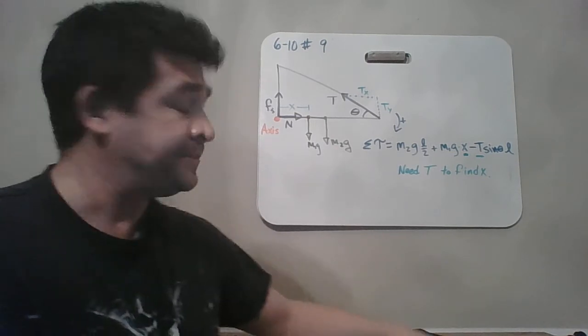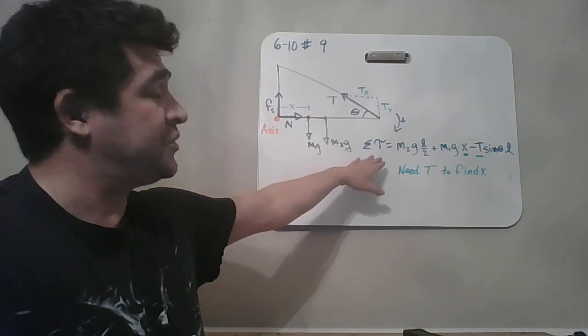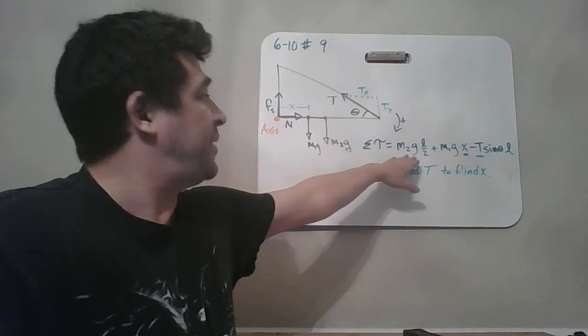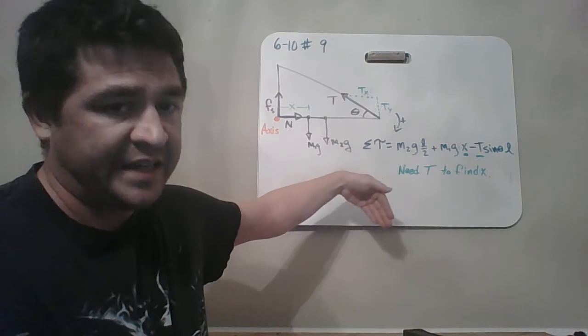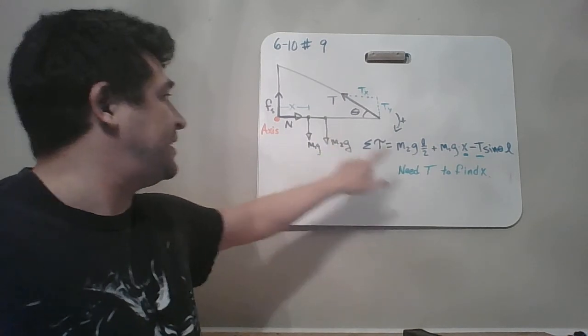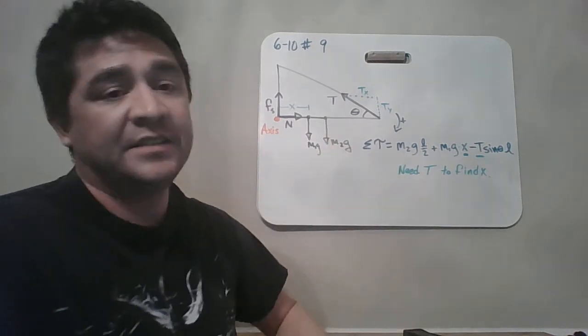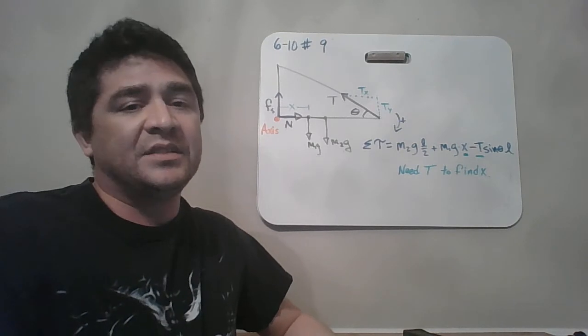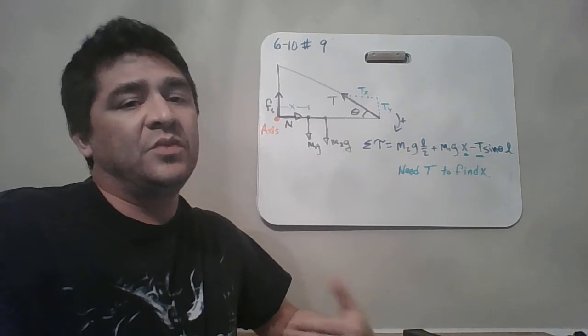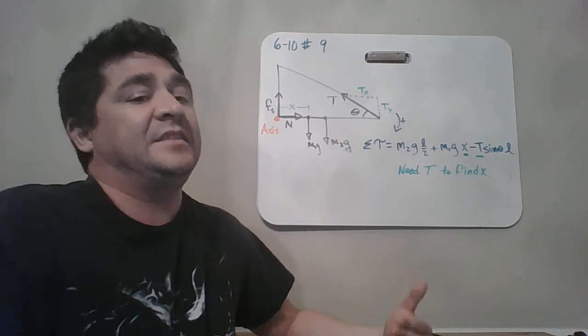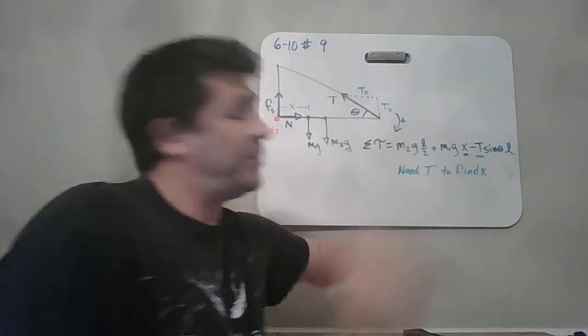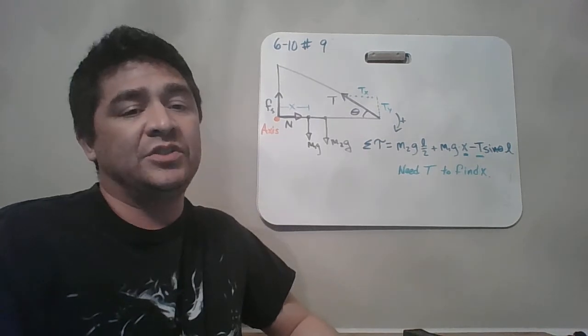So setting up my torque equation, I got a positive torque here. I'm calling clockwise the positive direction here. The stick's trying to rotate down. So we've got the weight of itself, M2G, acting at L over 2. That's applying a positive torque, making it rotate down. We've also got the torque from the hanging weight, M1G, and it's acting at X. So we've got another positive torque there, M1GX.